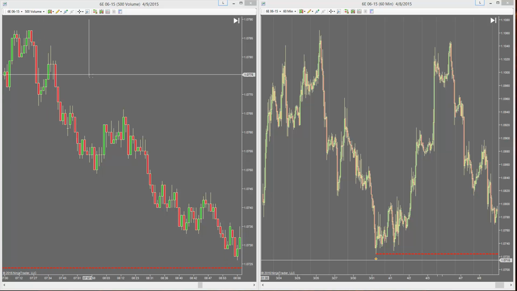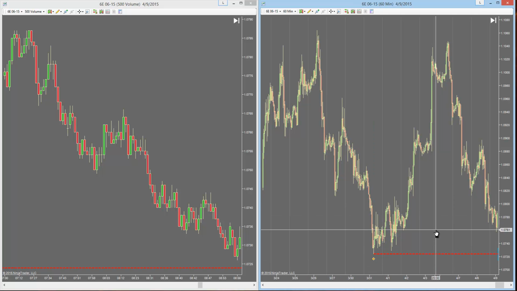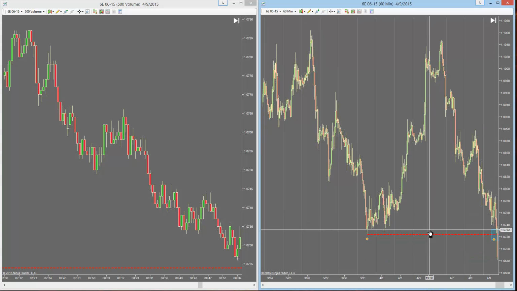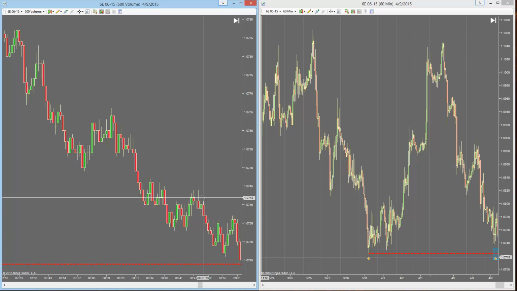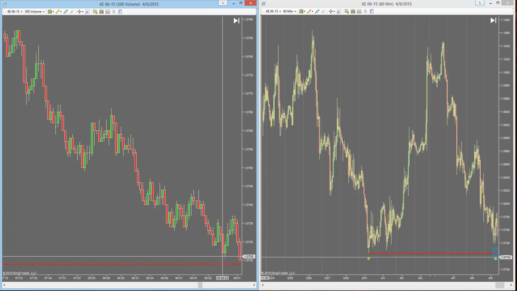The 500 volume chart is here so that we can see the granular detail, how the market's reacting around the level. As it comes to the level here, we can see there's some reaction as it gets fairly close to it.